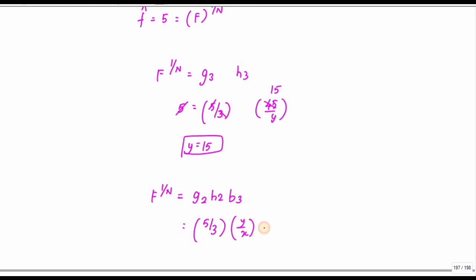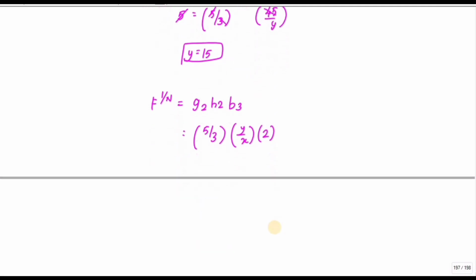Y by X, and B3 is 2. So if you solve, so 5 get cancelled out, and you find X is equal to 2 into 15 divided by 3. That is nothing but 10.